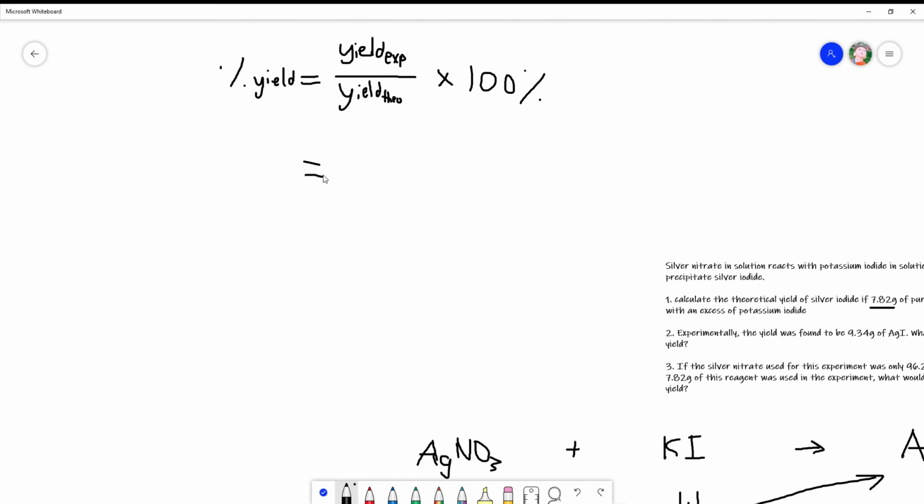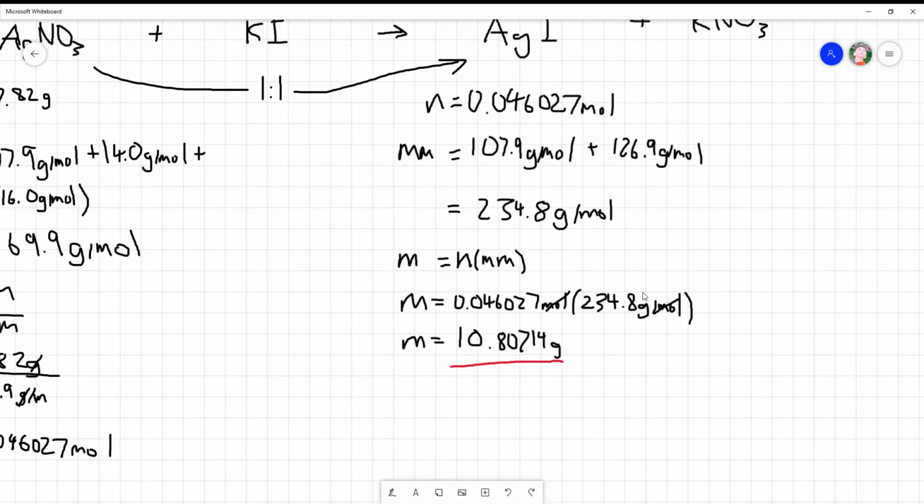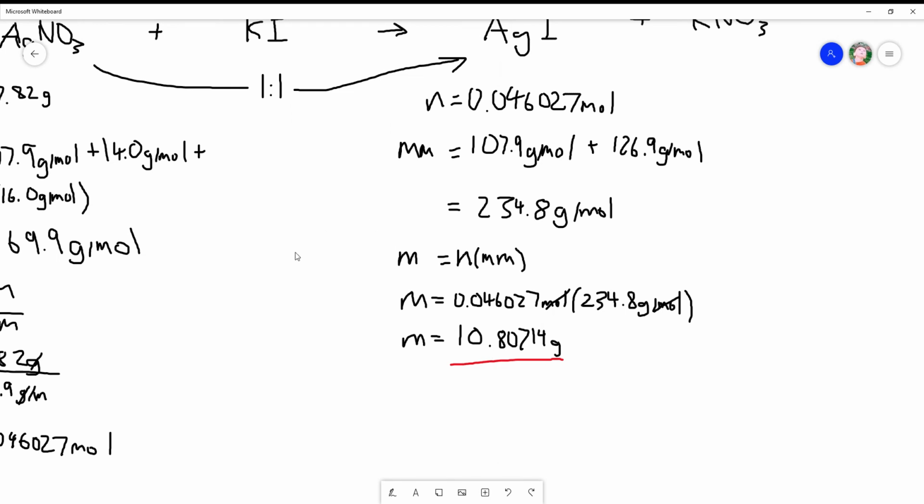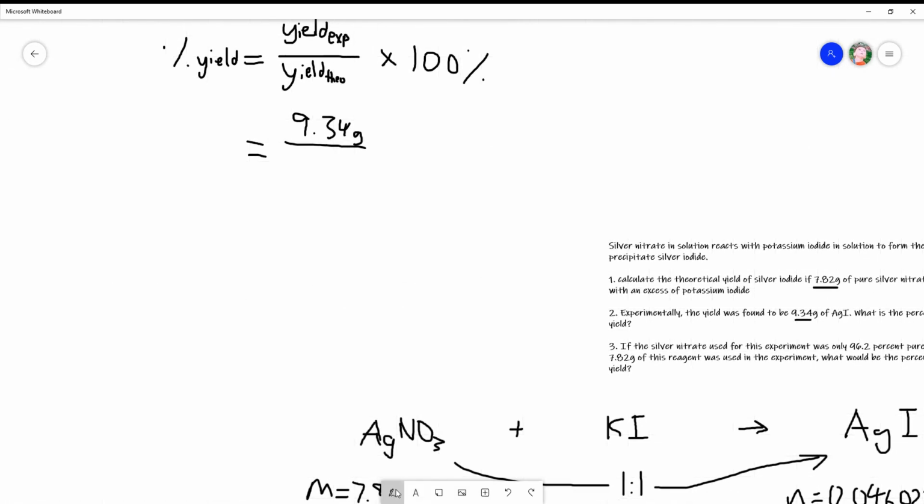So we take the experimental yield, which is 9.34 grams, and we divide it by the theoretical yield, which we have calculated over here to be 10.80714 grams, times 100%.